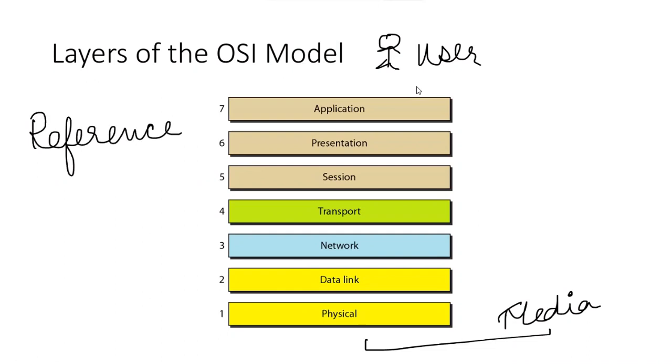That means it is not compulsory for every organization to follow all the layers. They can combine some of the layers or activities into a single layer, or they can omit some of the layers. But you'll find that most of the activities are listed in these different layers, as we shall see.